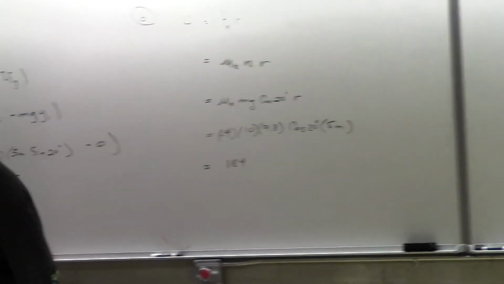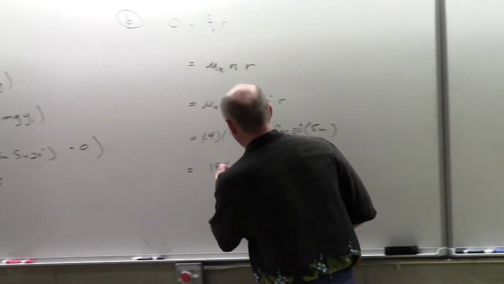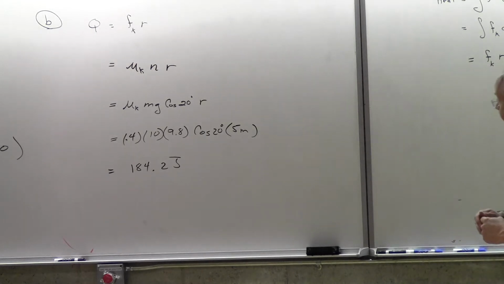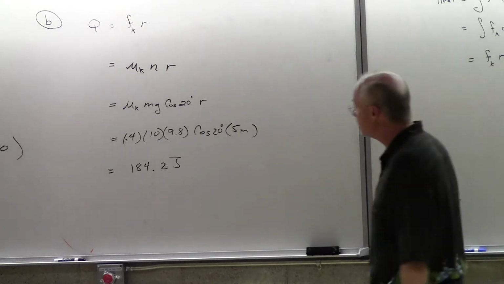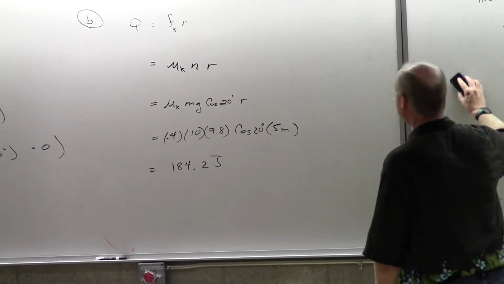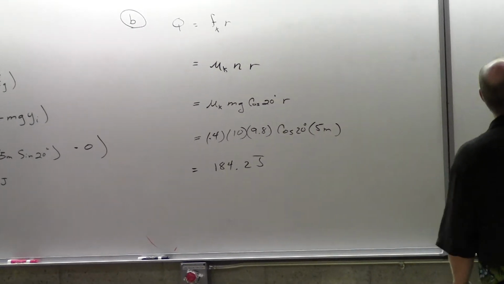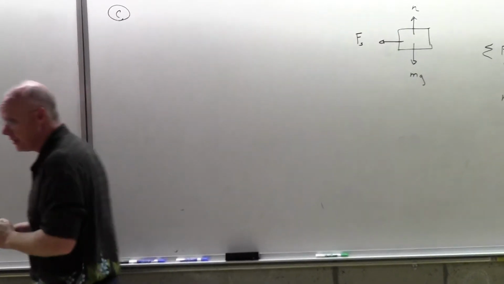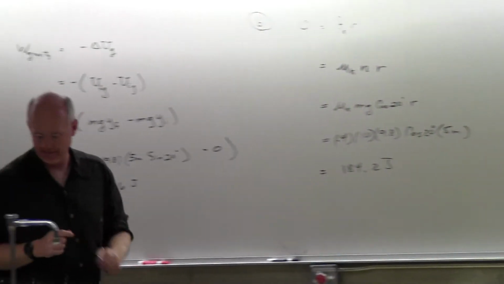Maybe I'll go a decimal here, 184.2 joules there. So that's the work done by friction, and also how much heat energy or internal energy is formed there.